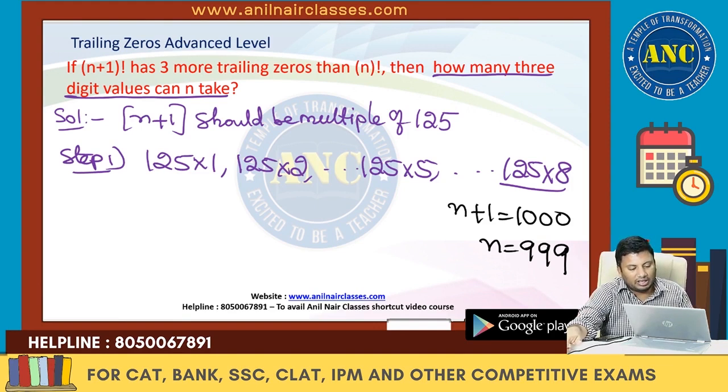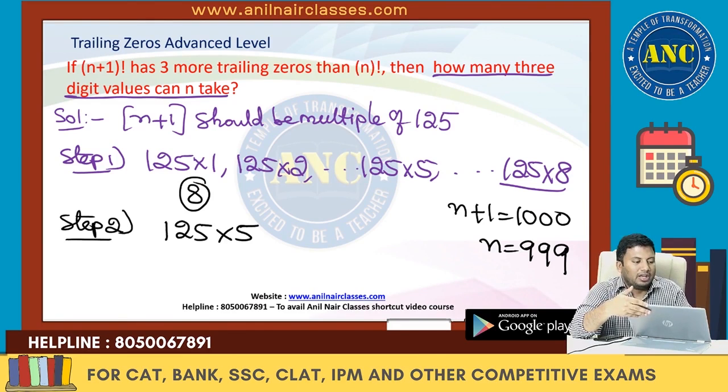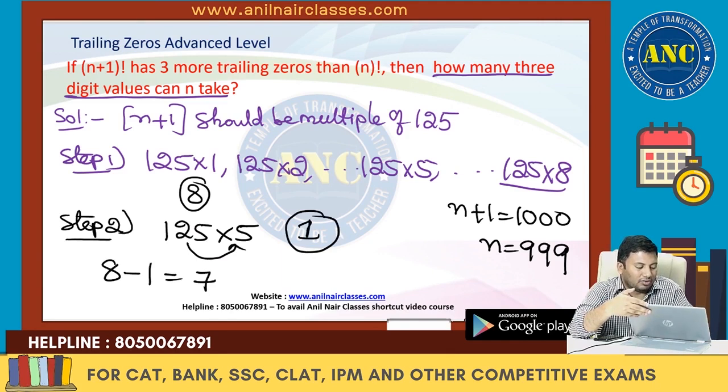Total here I got 8 values. Step number 2: I should eliminate the multiples of 5. 125 into 5: if I take 125 into 5, an extra 5 is coming. This one value is eliminated. 8 minus 1 is totally 7 values.